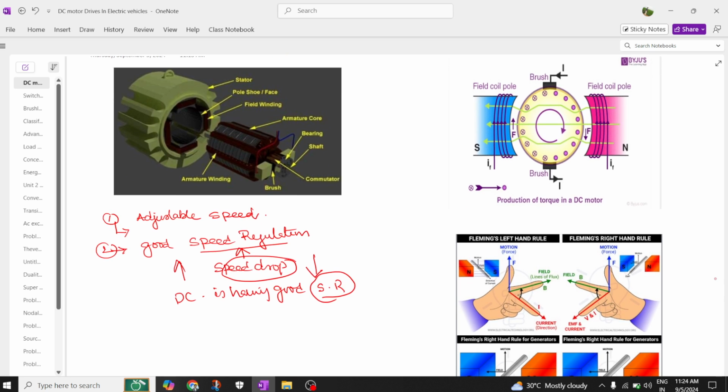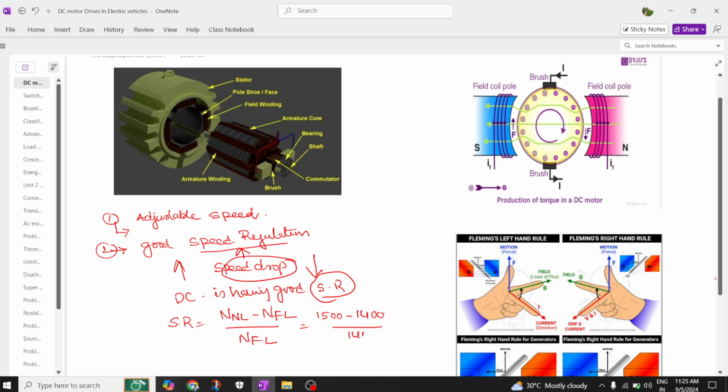So I'm going to define speed regulation as no load speed minus full load speed, divided by full load speed. Here the no load speed I'm taking as 1500 rpm. After loading, the full load speed is 1400 rpm.